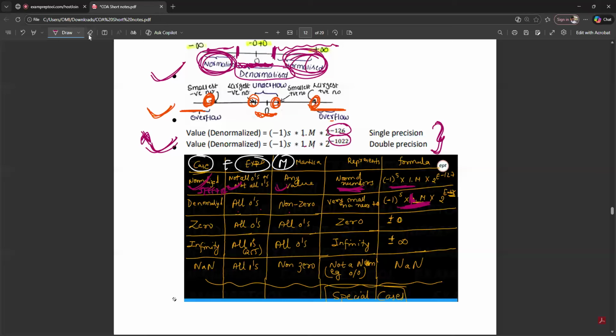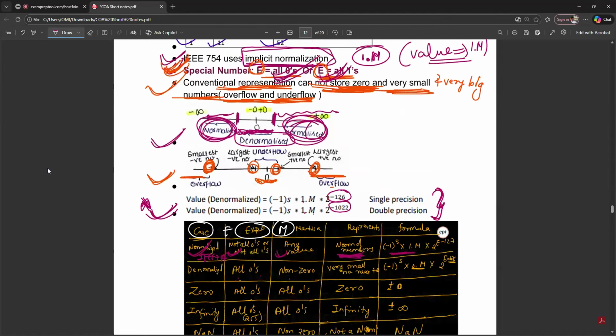Maybe I have used the general term 0.m here; here I used explicit normalization, I think.